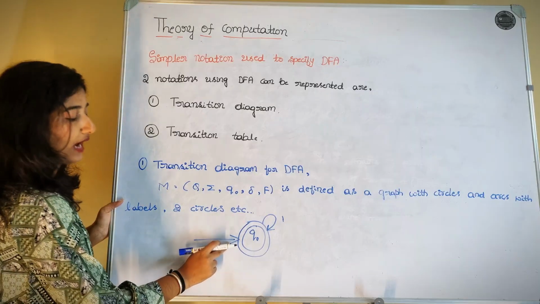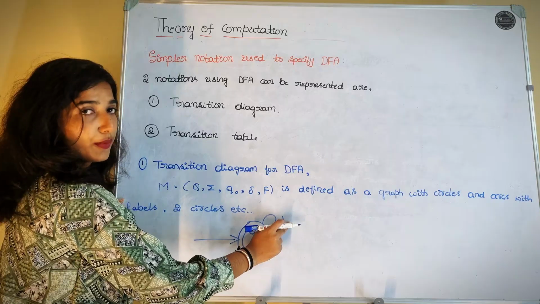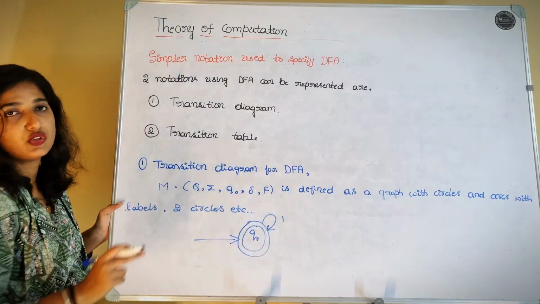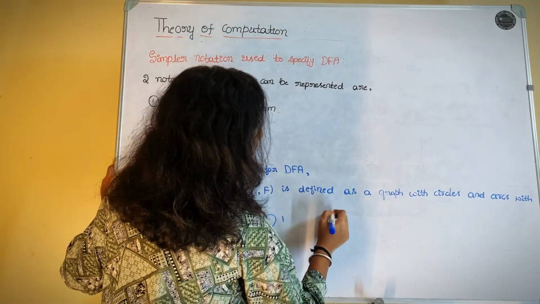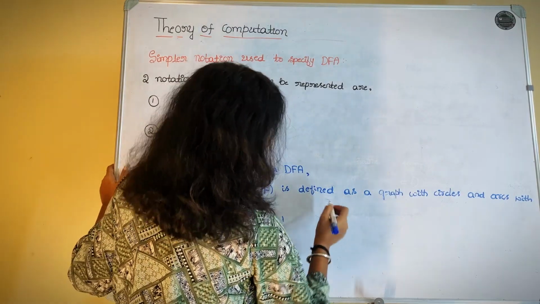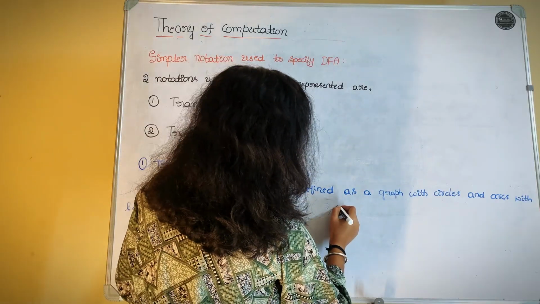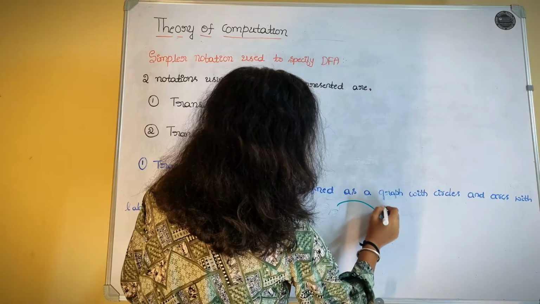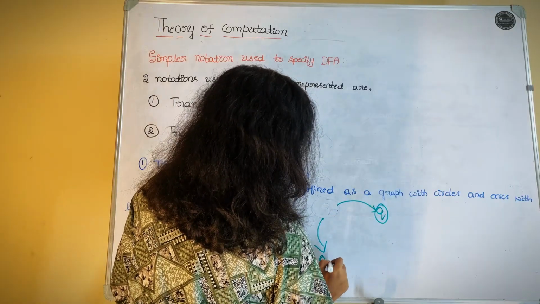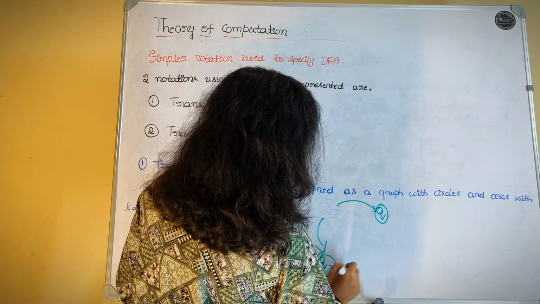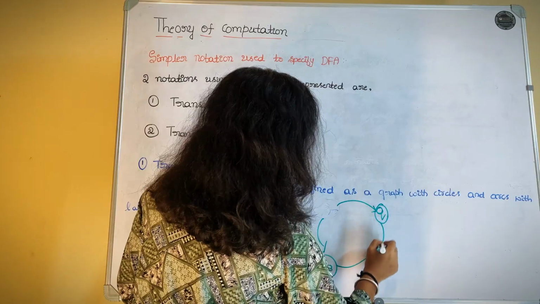So here we have an arrow, a circle, and a self loop which has the alphabet 1, and we have a state q0. So this kind of representation, or it might be like this: q0, which goes to q1, which goes to q3, and then from q3 to q4.